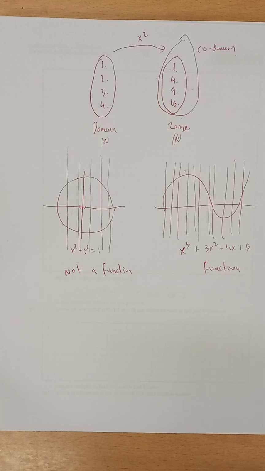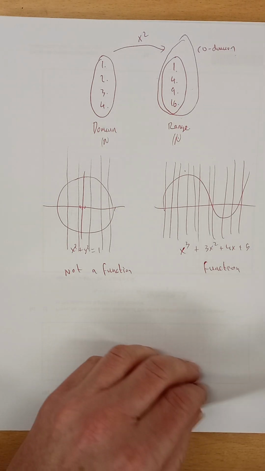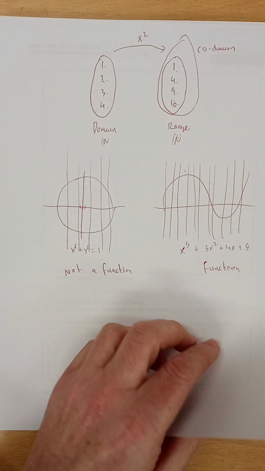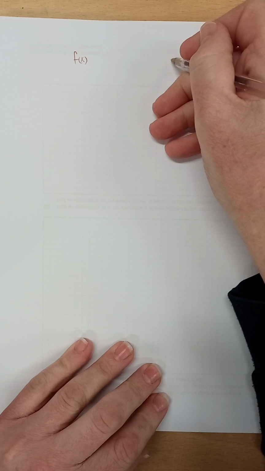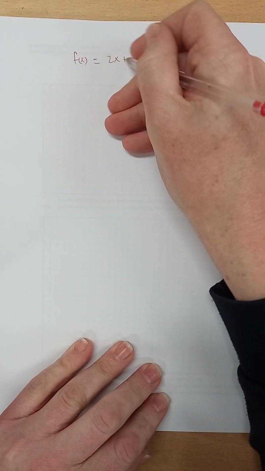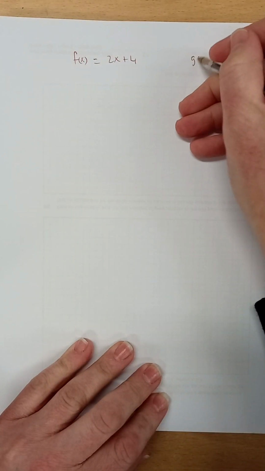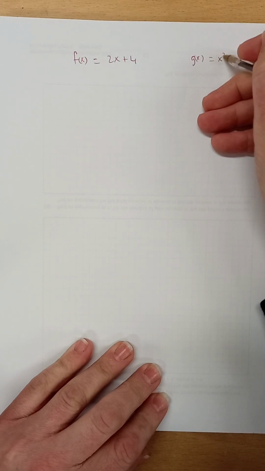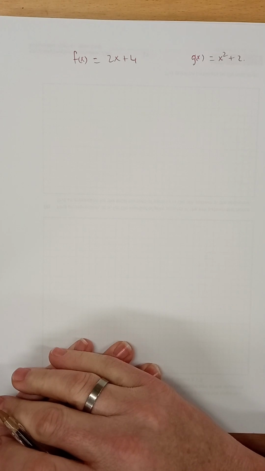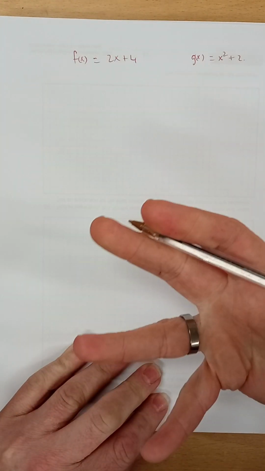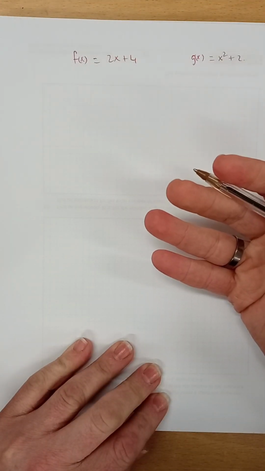Okay, so now composite functions. Some people call these nested functions. They can be written in different ways. So let's say f of x is equal to 2x plus 4 and g of x is equal to x squared plus 2. There's different ways this can be shown.